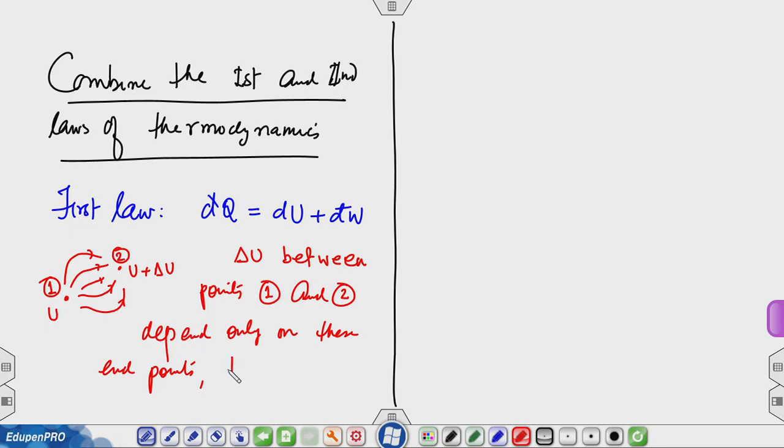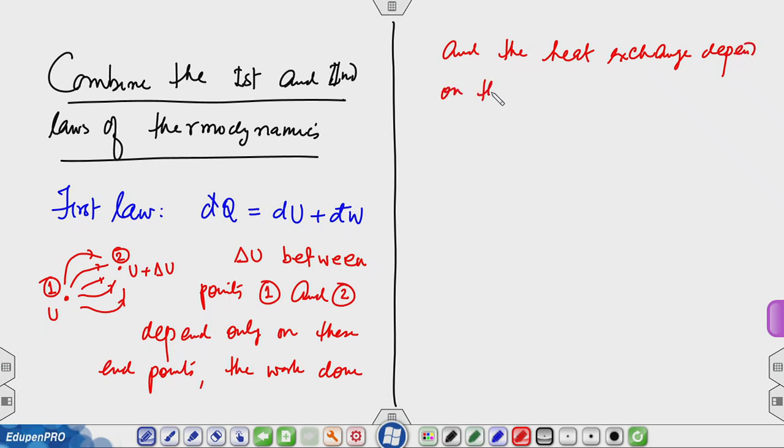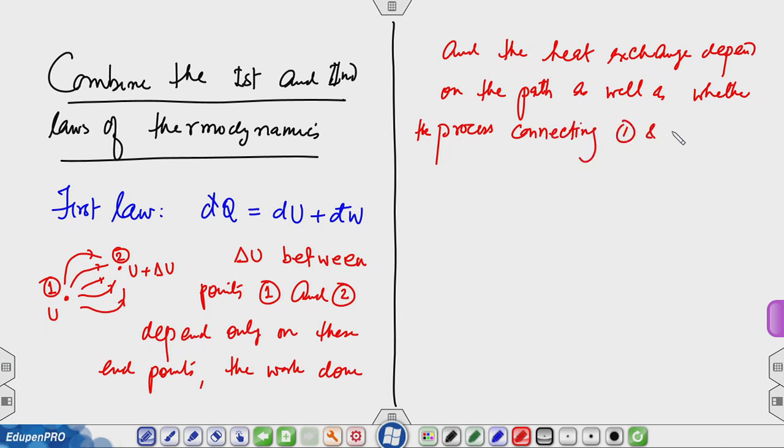The work done and the heat exchange depend on the path as well as whether the process connecting 1 and 2 is reversible or irreversible.